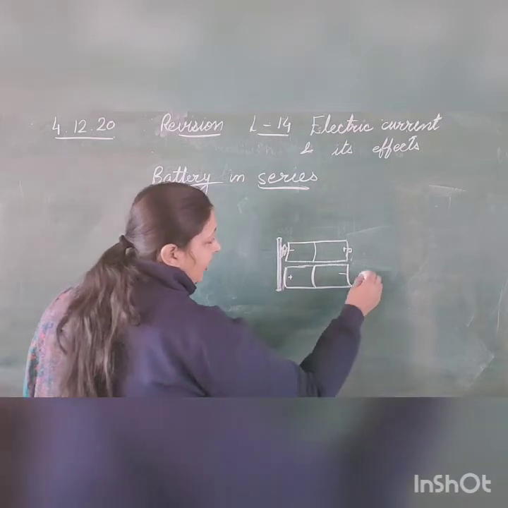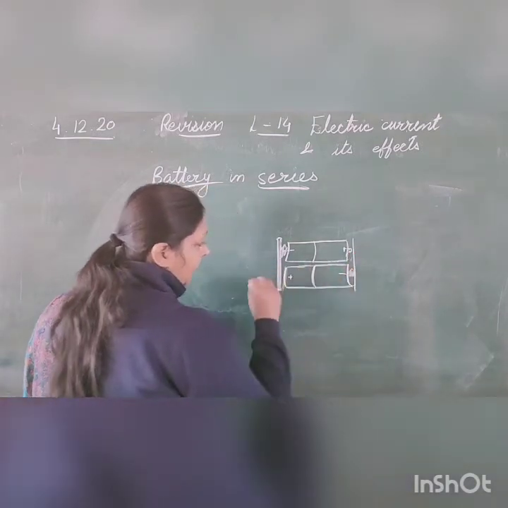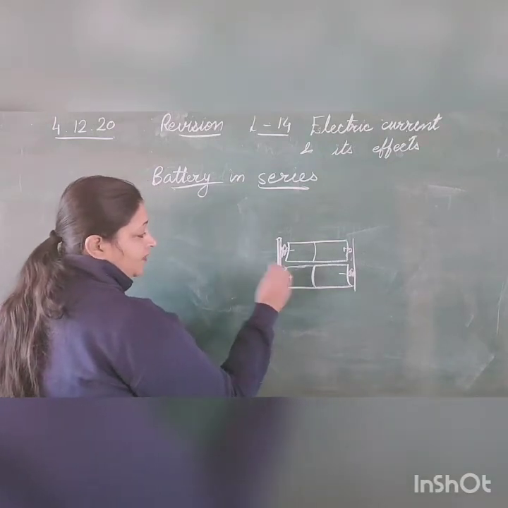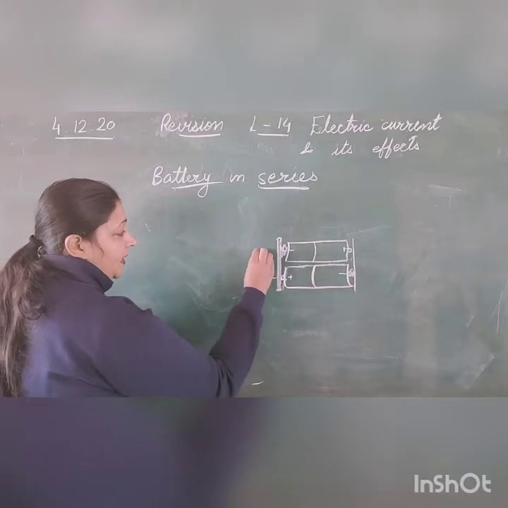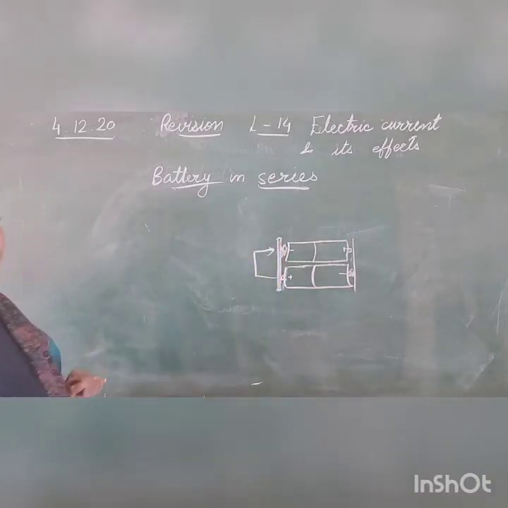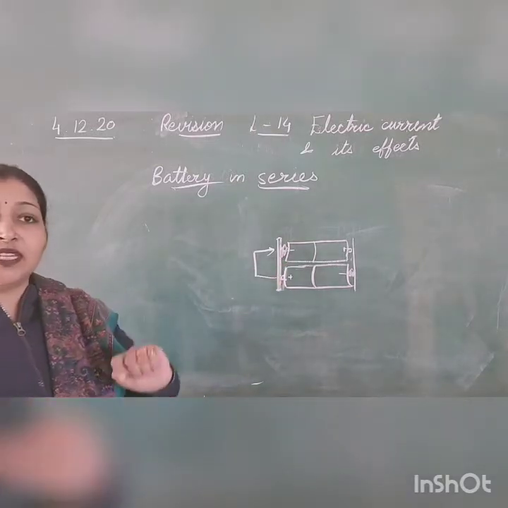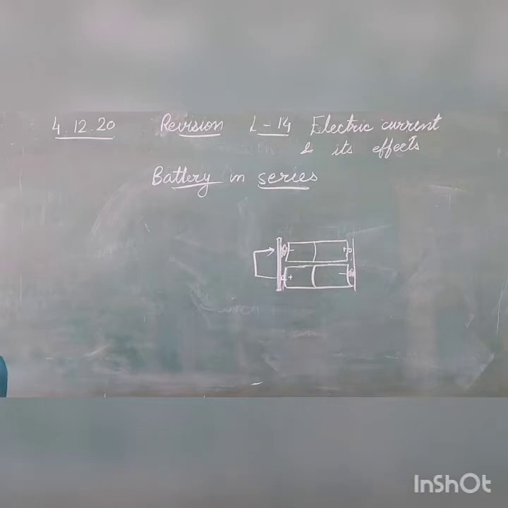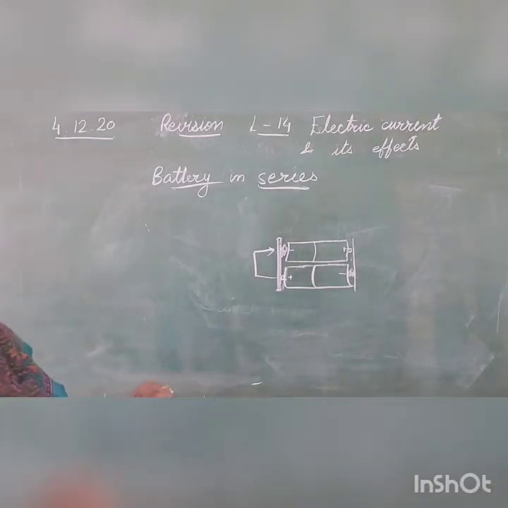In a similar manner, there is a spring over here which connects the positive. It means the positive of one battery is connected to the negative of the other. In this way, we can say that the battery is connected in series.